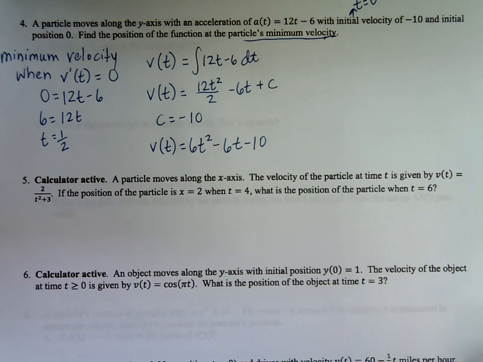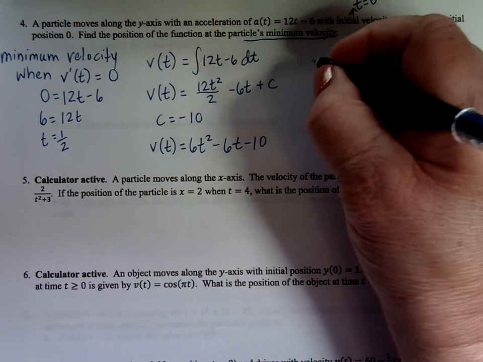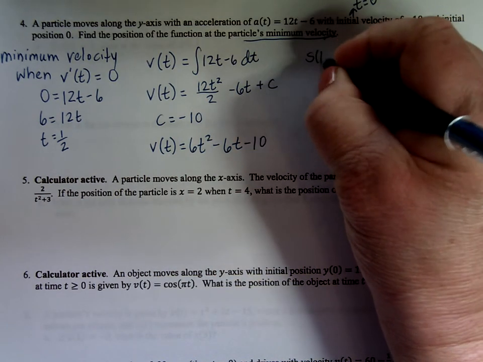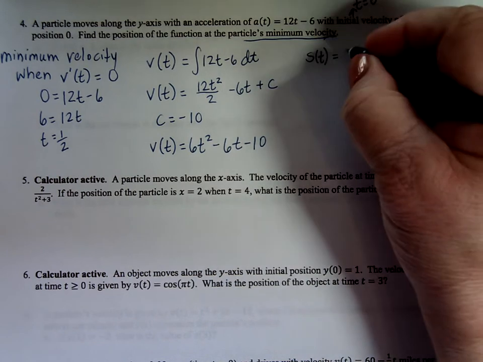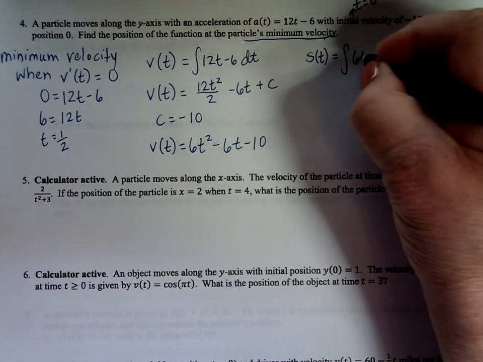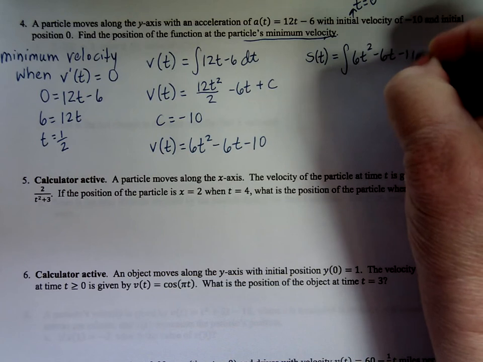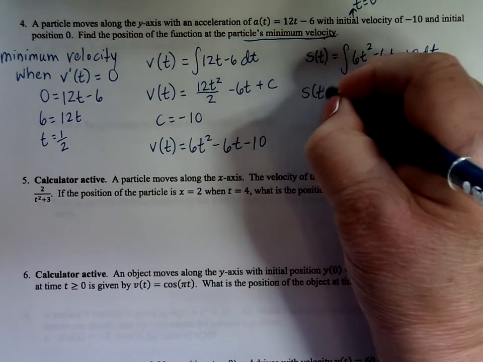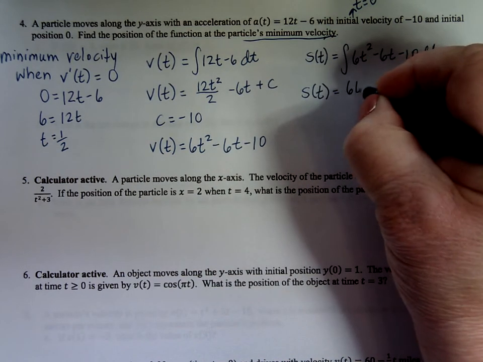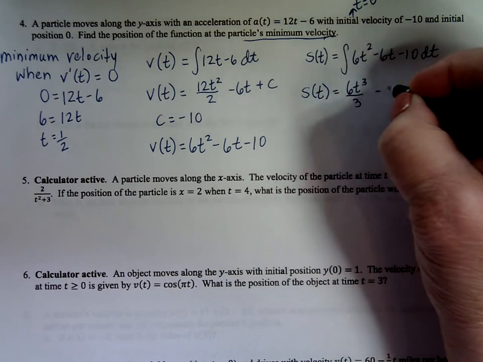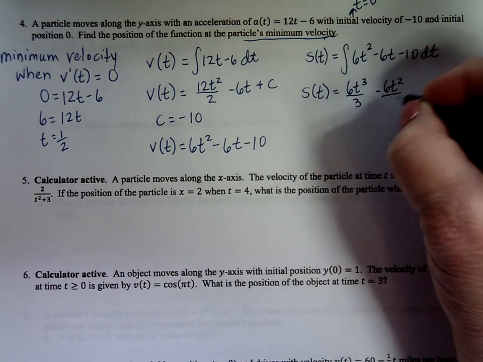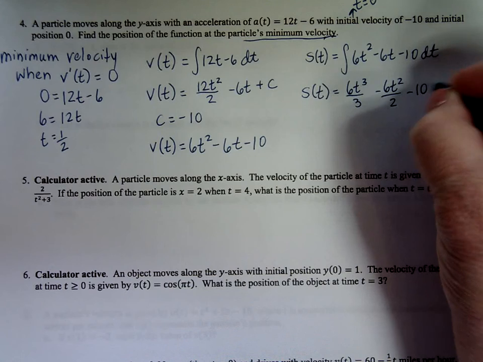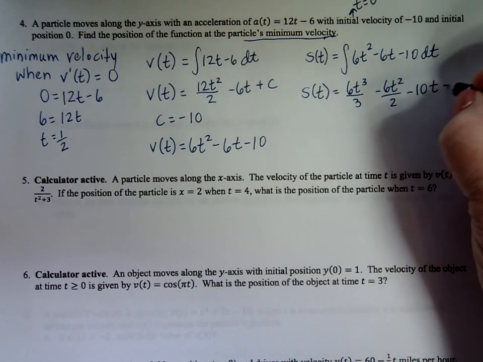All right, I'm at velocity, that's cool, but I need to get to position. I'm going to call my position s of t. It's the integral of 6t squared minus 6t minus 10 dt. Take the integral, s of t: I'll have 6t cubed over 3, minus 6t squared over 2, minus 10t, technically plus c.